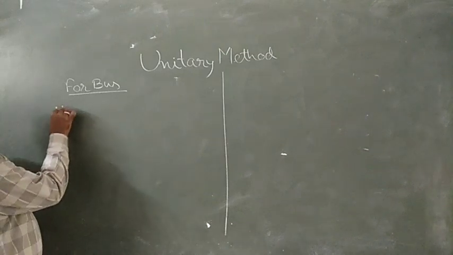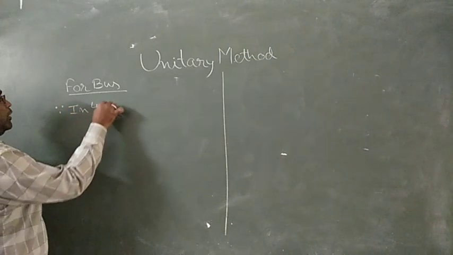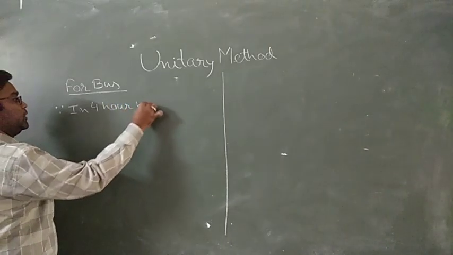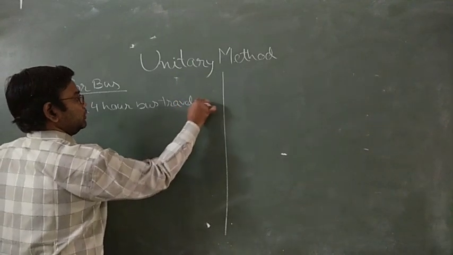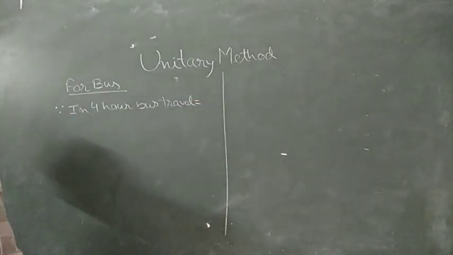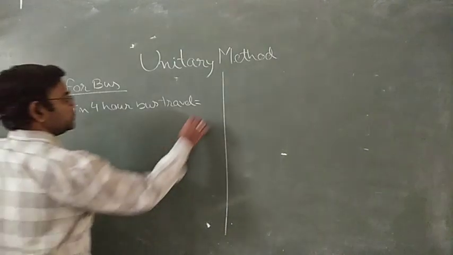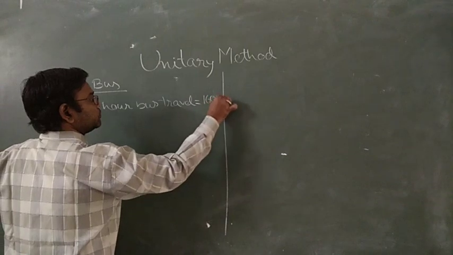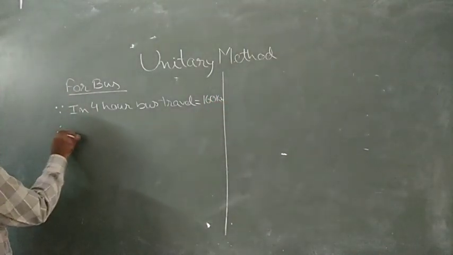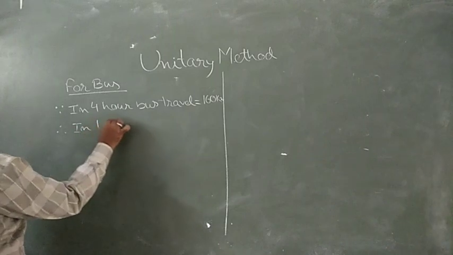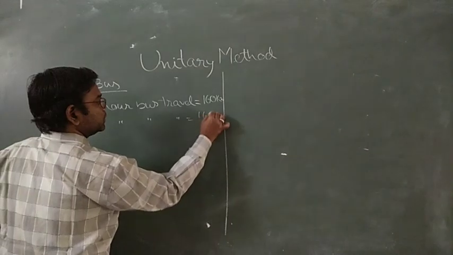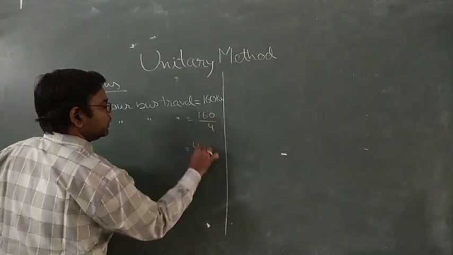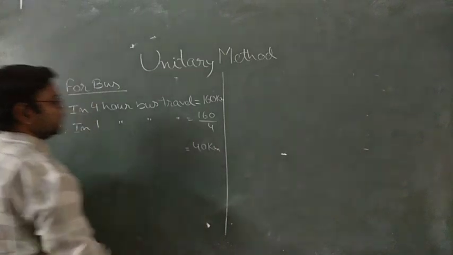So since in 4 hours the bus travels 160 km, therefore in 1 hour the bus travels 160 by 4. It's 40 km. This is for the bus.